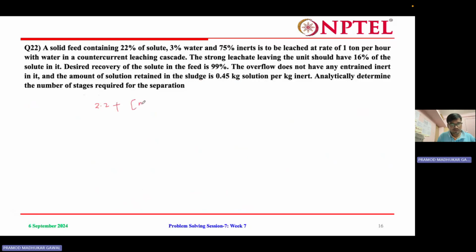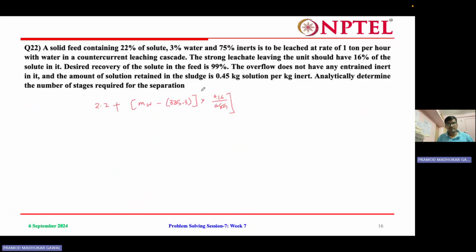In the overflow, MW minus 335.3, right, into 0.16 over 1 minus 0.16, so 0.84, right?